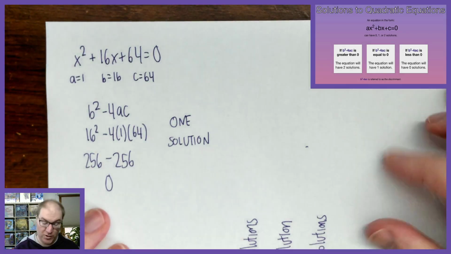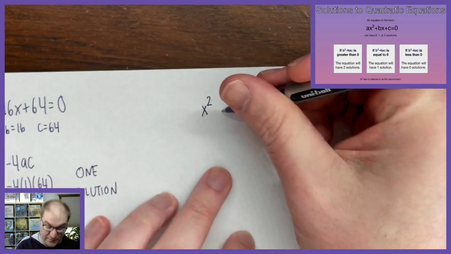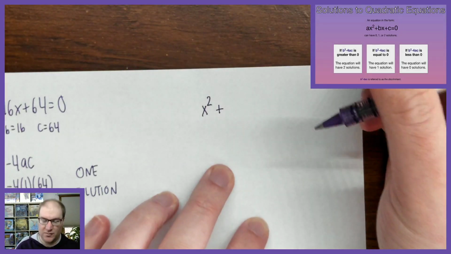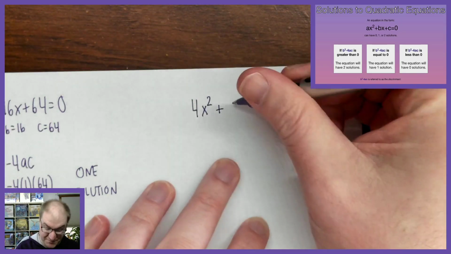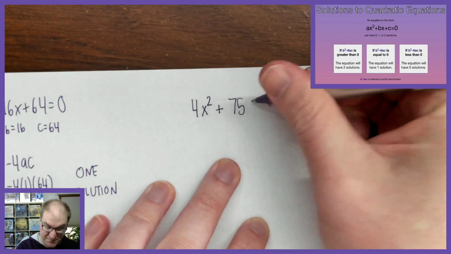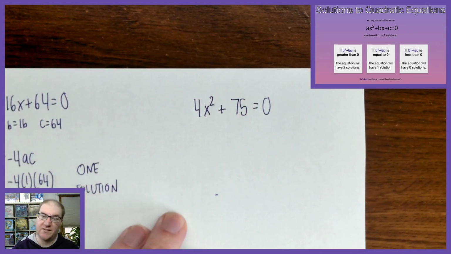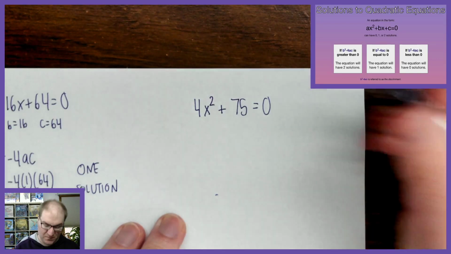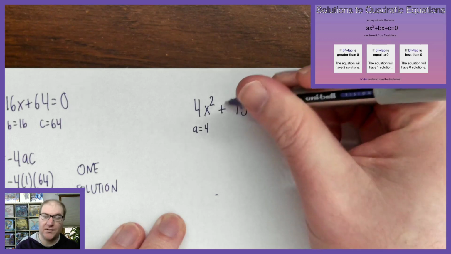All right, we're going to do one more example, and I'm guessing that this one's going to have 0 solutions, just because I want to show you one of each. Okay, 4x squared plus 75 equals 0. A is 4. There is no plain old x here, right?